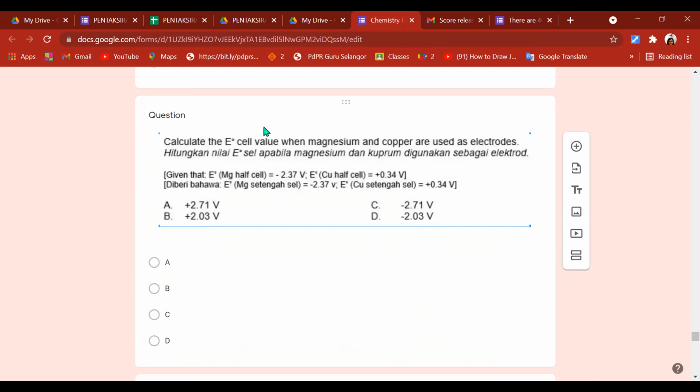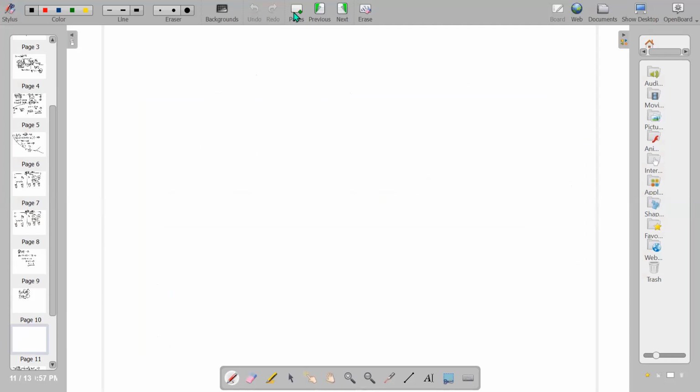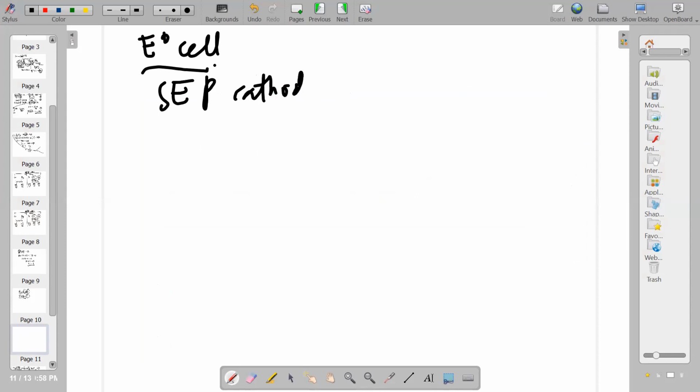Okay, this is chapter 1 Form 5 again. You must remember, if you want to calculate E naught cell, the formula is E naught of cathode minus E naught of anode. Okay, I repeat, you all look at the question here. Teacher is going to go to my whiteboard to write for you. If the question asks you to find the E naught cell, you must remember it is the value of your cathode, this is a formula you must memorize, minus the value of your anode.